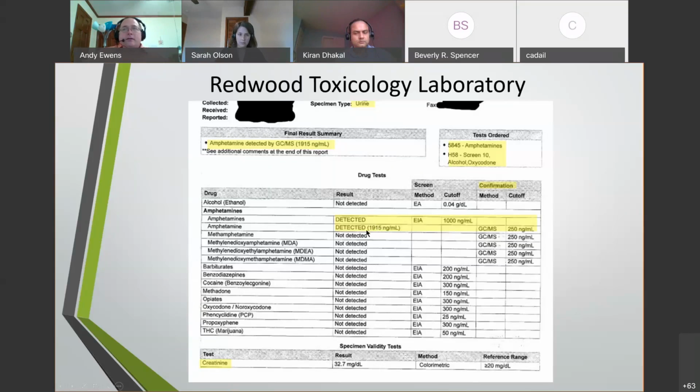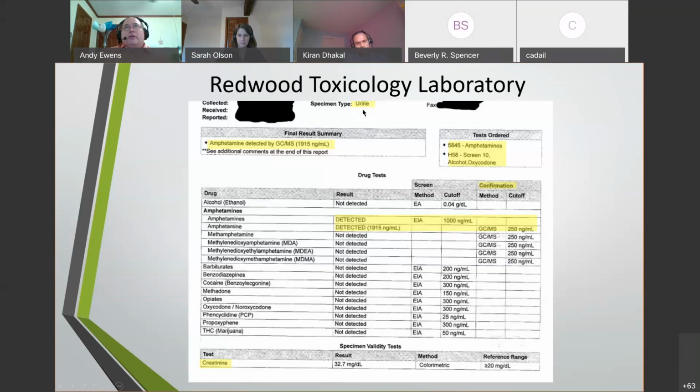So that means that none of those drugs were in that sample at these cutoffs in the screening test. Amphetamine was at least 1,000 nanograms per milliliter during the screening test. And then from that screen, they ran it through a confirmation test, gas chromatography mass spec, and detected almost 2,000 nanograms per milliliter.